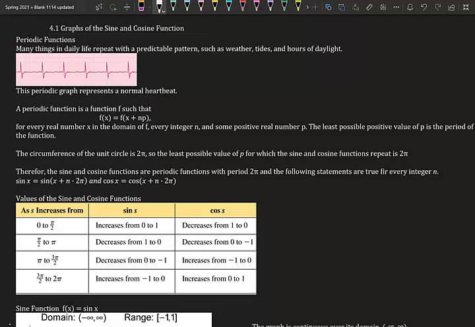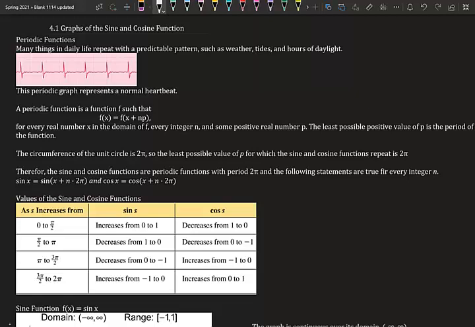And hours of daylight. Okay, a periodic function is a function f such that f(x) equals f(x plus n times p), for every real number x in the domain of f, every integer n, and some positive real number p. The least positive value of p is the period of the function.